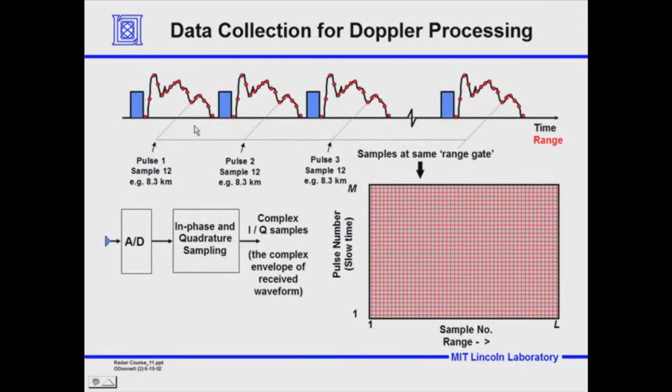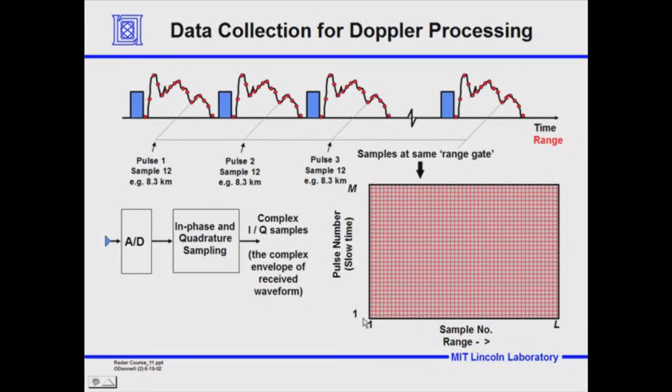And that range is the speed of light times that echo time divided by 2. So these times correspond to a range. So we're going to fill up from this first pulse. Each of these little dots corresponds to a sample time, and in this case right here, that's the 12th sample, we'll say, and it corresponds to a range, for example, of 8.3 kilometers.